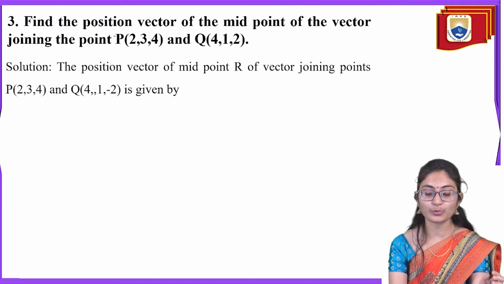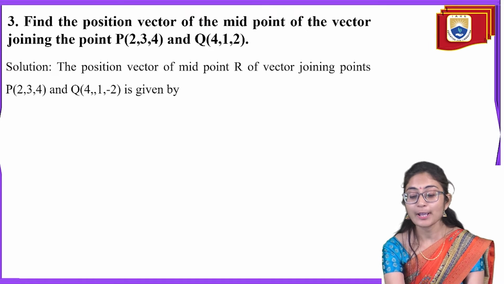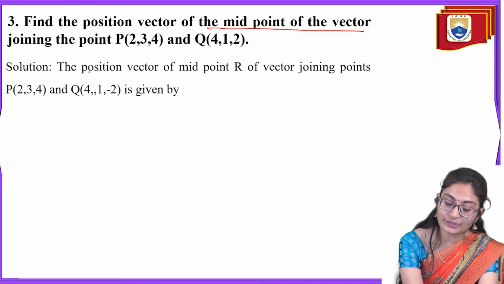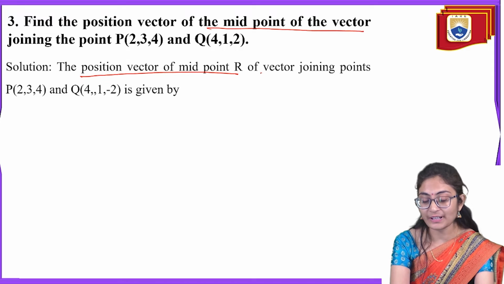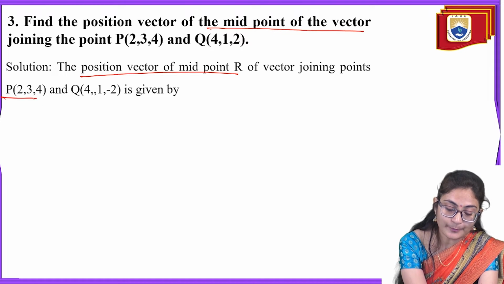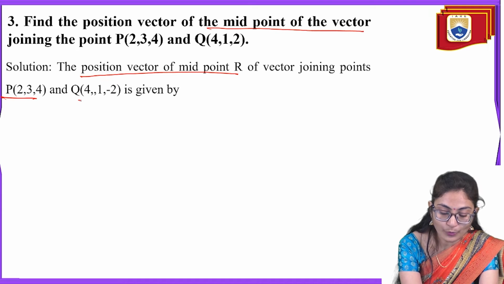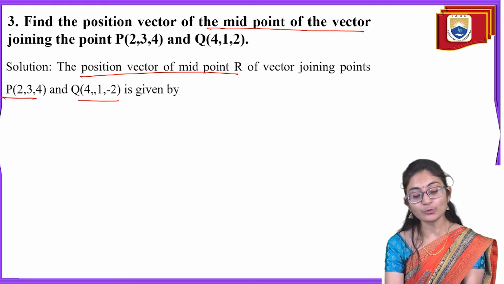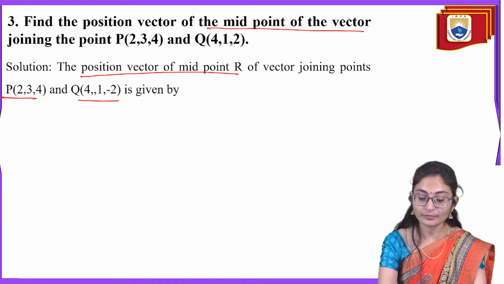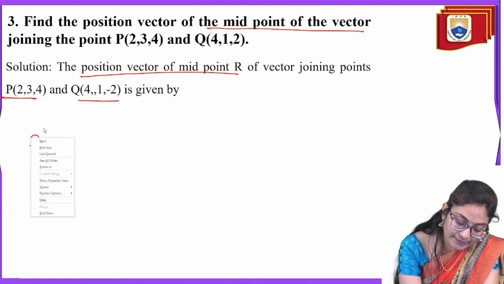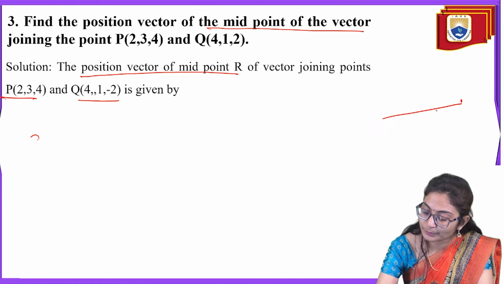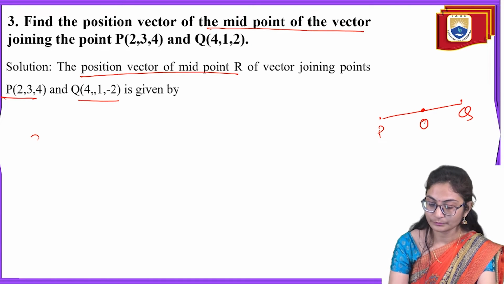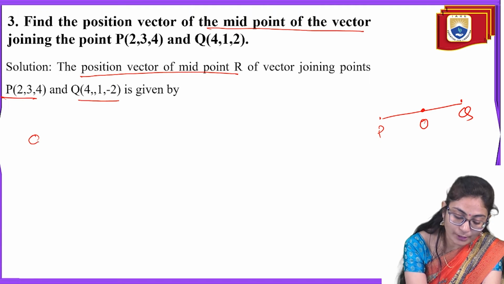Now, in the next problem, we have to find out the position vector of the midpoint of the vector joining points P (2, 3, 4) and Q (4, 1, 2). These points are given. We have to find out the midpoint of the vector. For example, we can consider that this is the PQ line, and there is an O. So we have to find the midpoint.